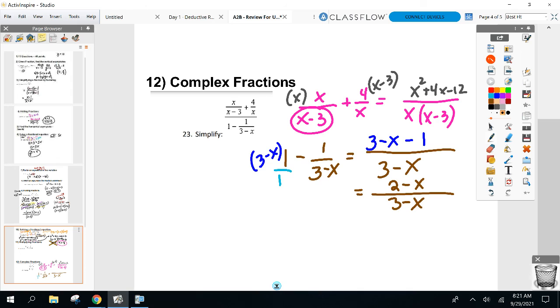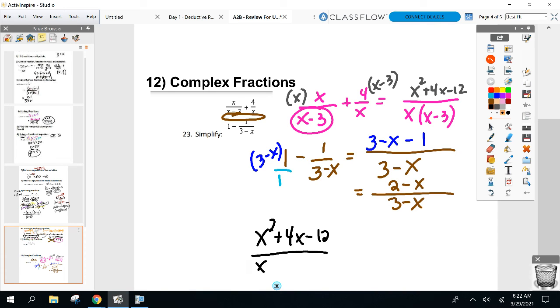Okay, ready? Now what's this symbol mean here? Divide. First fraction stays the same. X squared plus 4x minus 12 over x times x minus 3. What are you going to keep telling me now? We're dividing. Multiply, flip. 3 minus x over 2 minus x. And Lauren just said, hey, you can factor the top left. Go ahead and do so.